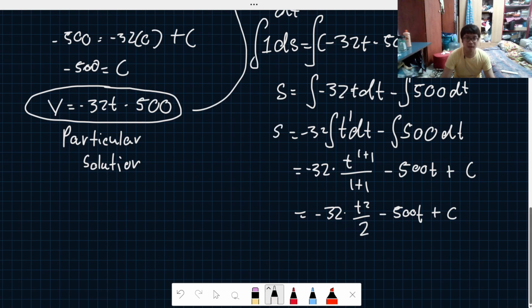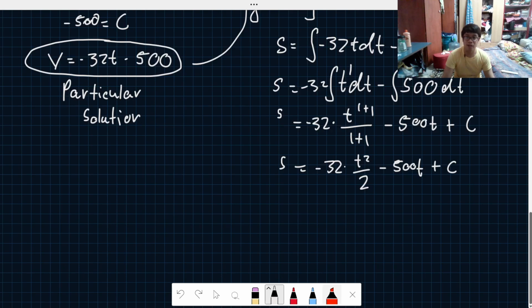We can simplify the first term because we have negative 32 times t squared all over 2. Negative 32 and 2 are both divisible by 2. 2 divided by 2 is 1, and negative 32 divided by 2 is negative 16.